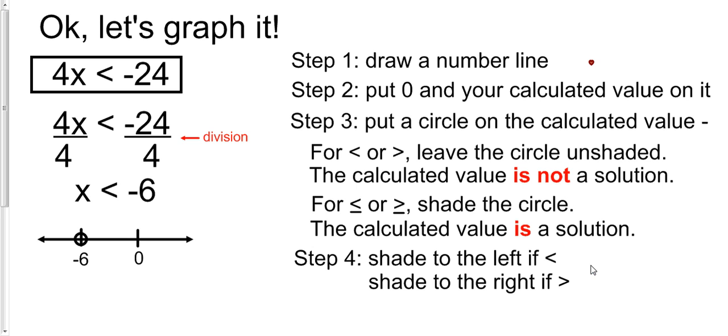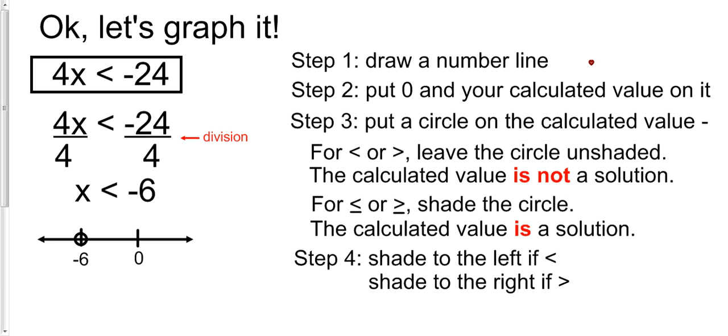But for this example, our calculated value is not a solution. Step 4, we're going to shade to the left if it's less than, values less than. If we have a greater than symbol, we're going to shade to the right, meaning we need only solutions that are greater than our calculated value.